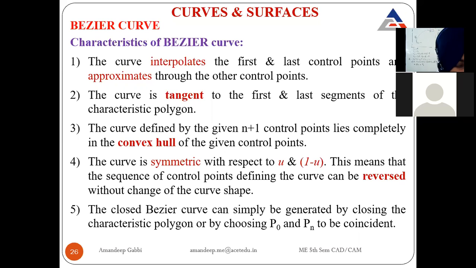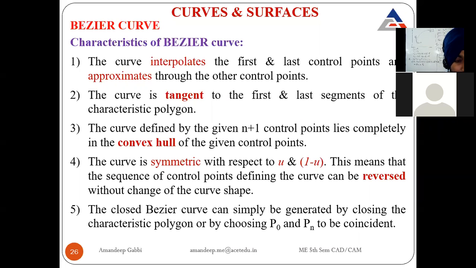The curve is tangent to the first and the last segment of the characteristic polygon. When you have generated a polygon, the first segment and the last segment of the polygon are tangent to the curve. And third, the curve defined by the given n+1 control points lies completely inside the convex hull of the given control points.